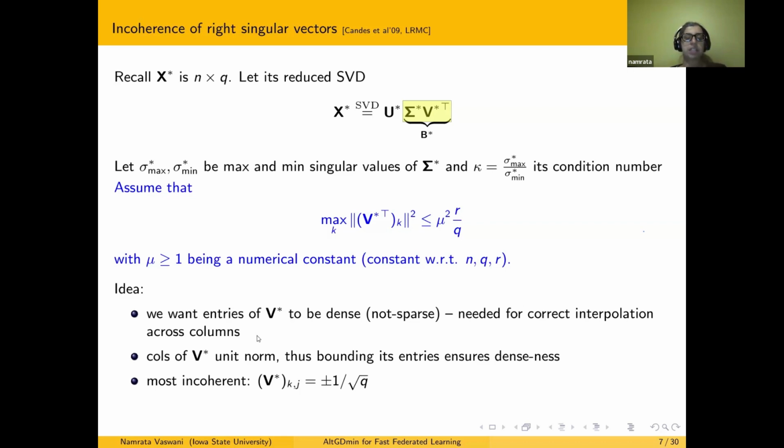This is needed for correct interpolation across columns. The way we ensure this is by ensuring that every row of V star, which is every column of V star transpose, has a roughly similar norm or energy. Again, this is the standard incoherence assumption from the matrix completion literature, if you're aware of that.